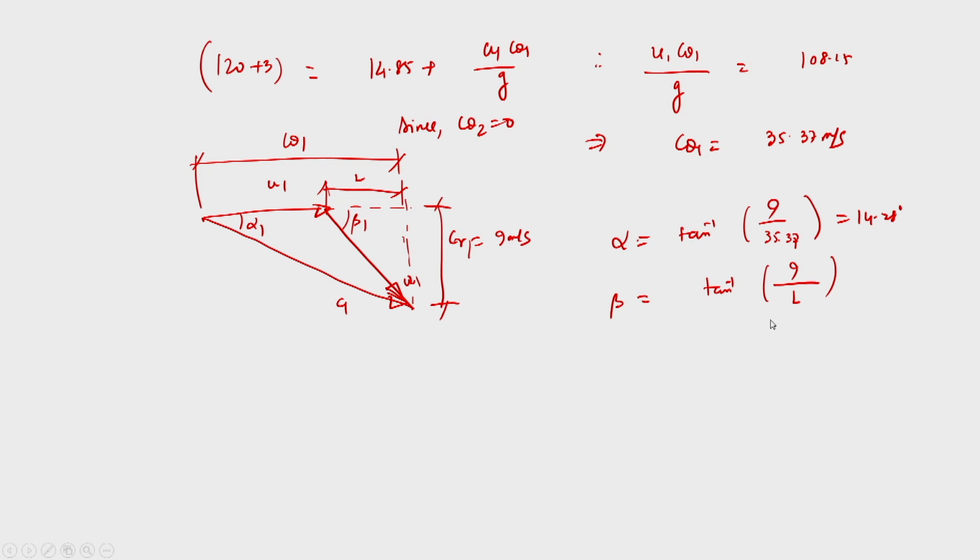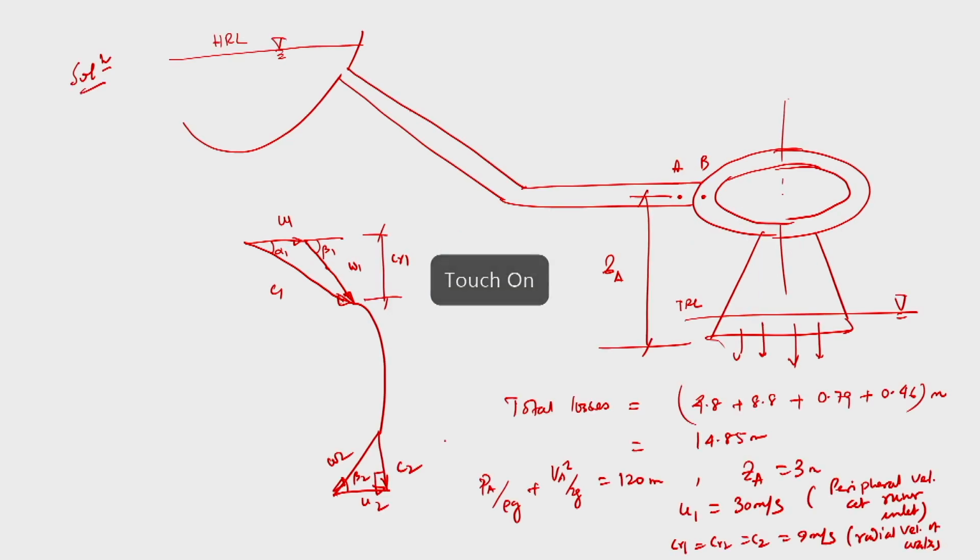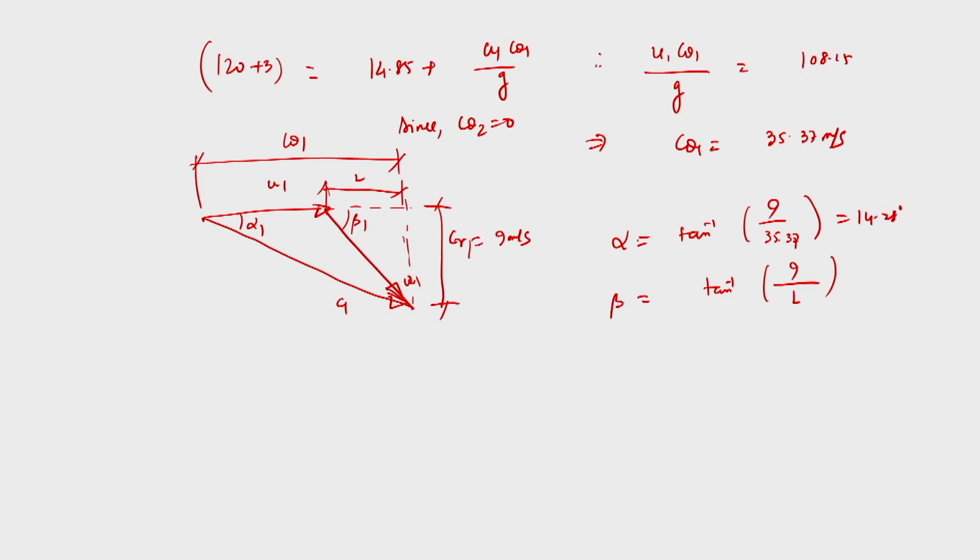Because I know u1, speed is given. If I go back to my previous slide, speed is given as 30 meter per second. So, it should be 35.37 minus 30, that is tan inverse 9 by 5.37, and that is coming around 59.2 degree. So, these two are obtained.